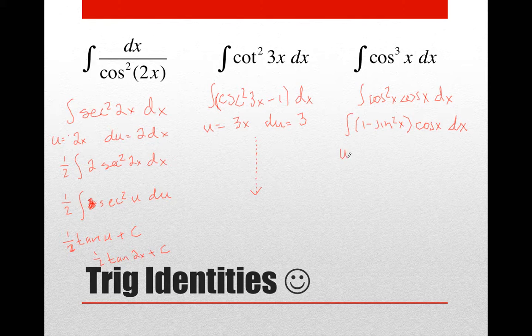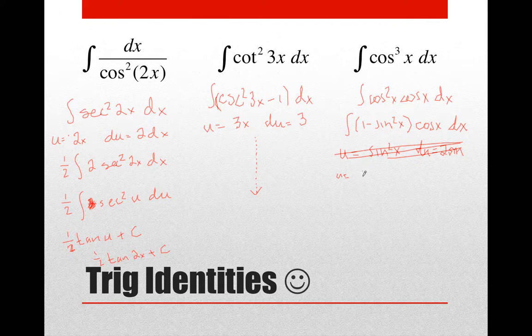And now we can say that u is equal to sine squared and du is equal to 2... scratch that. Easier substitution. Obviously, that wasn't going to work because 2 sine blah, blah, blah, that wasn't going to come out to this. So, you see, I still make errors sometimes too.